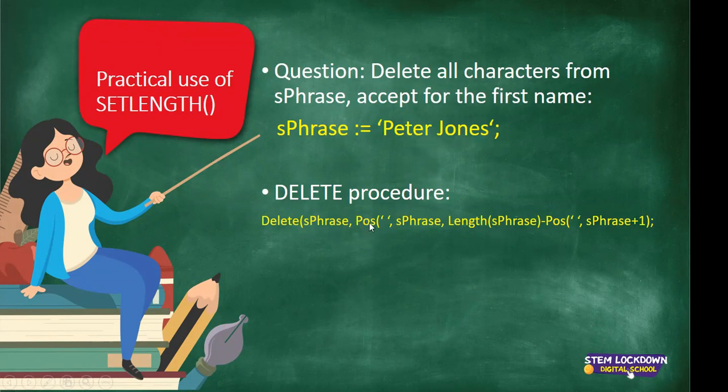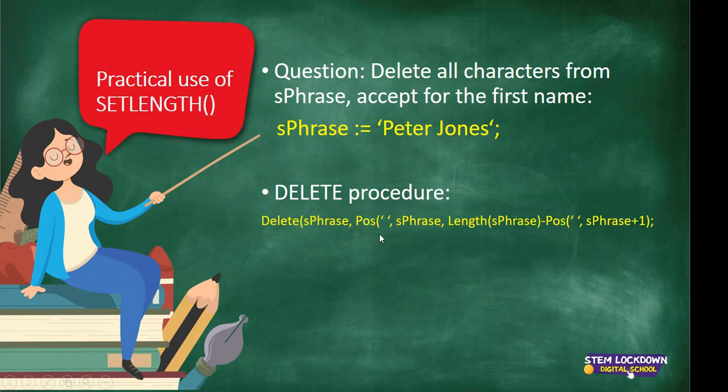So I use my pos function and I pass to it, what am I searching for? I'm searching for a space. Where am I searching for it? I'm searching for it in sPhrase. And I think I have forgotten to place that round bracket over there. So you just imagine there's a round bracket.